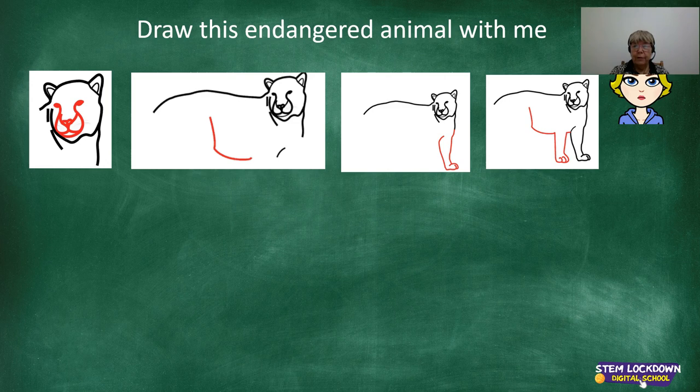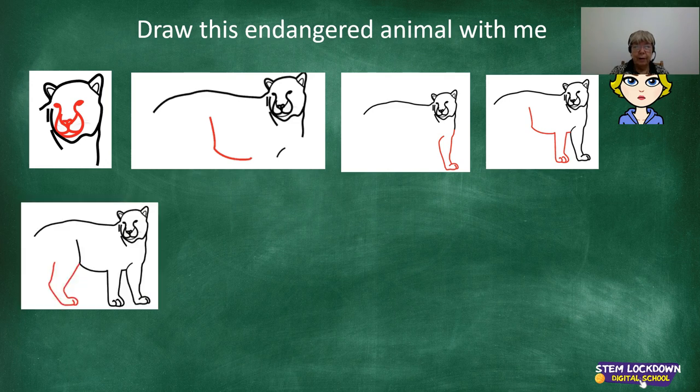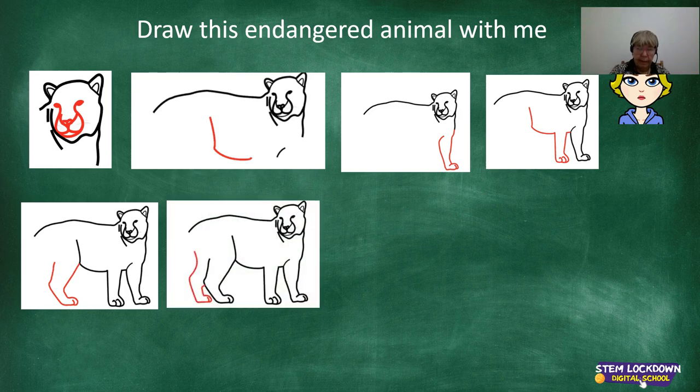Right, you got all 4 of those down? Now your fifth one. The third leg, one of the back legs. And then the fourth leg.